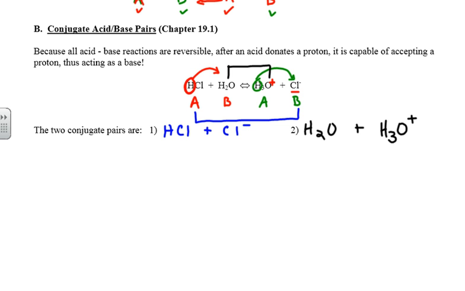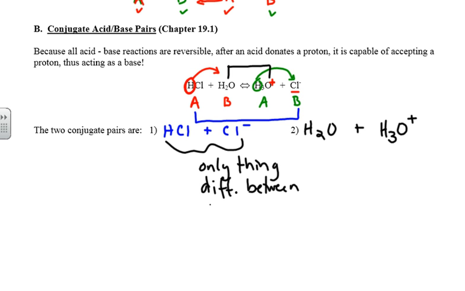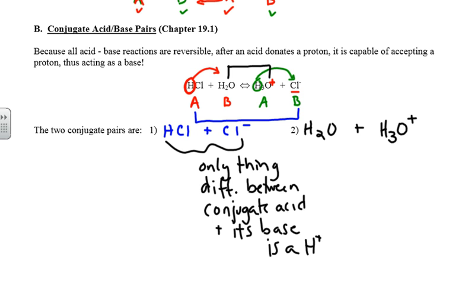So what do you notice about this first pair? HCl and Cl are related because the only thing different about them is the hydrogen ion. Okay? The only thing different between a conjugate acid and its base is a hydrogen ion. We'll notice that over here as well.